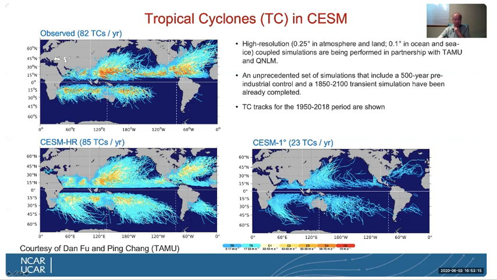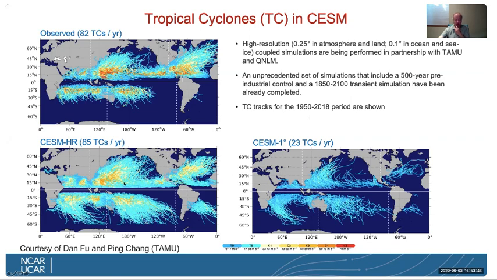This is showing for the 1950 to 2080 period observed tropical cyclones, their paths, and the categories for tropical cyclones are given here. We have in the observations about 82 tropical cyclones per year during this time frame. In the CESM2 high resolution simulation, we have about 85 tropical cyclones. And this is not surprising, I guess, in CESM 1 degree, we get fewer tropical cyclones.